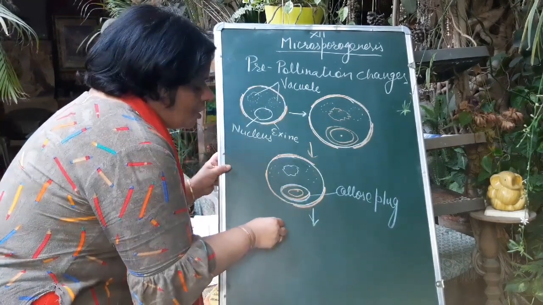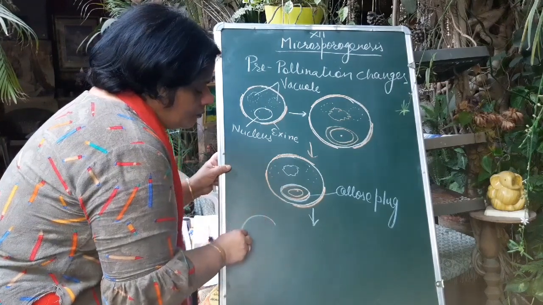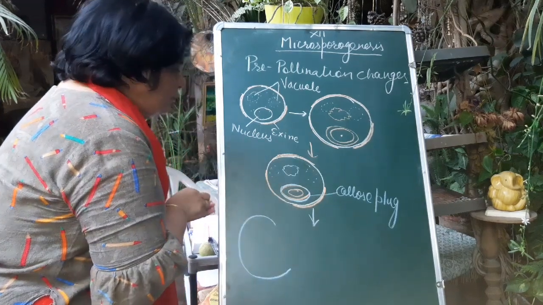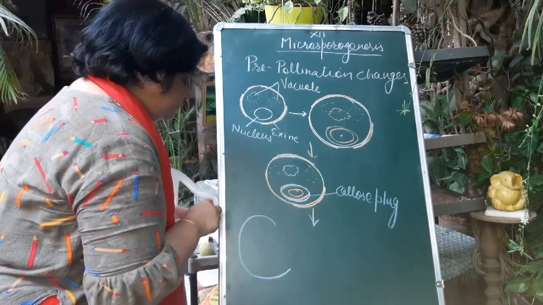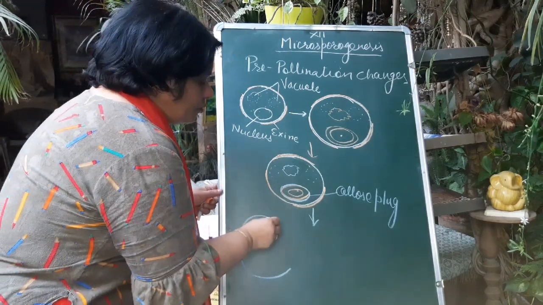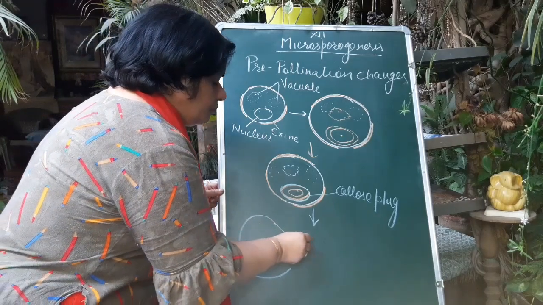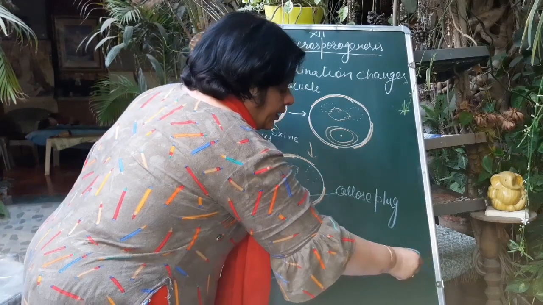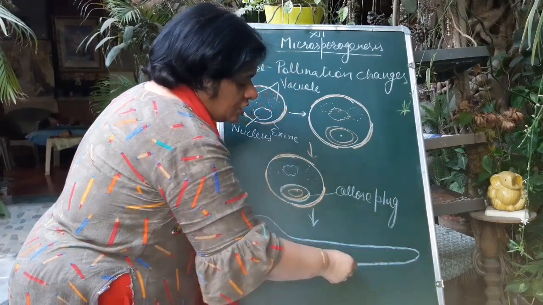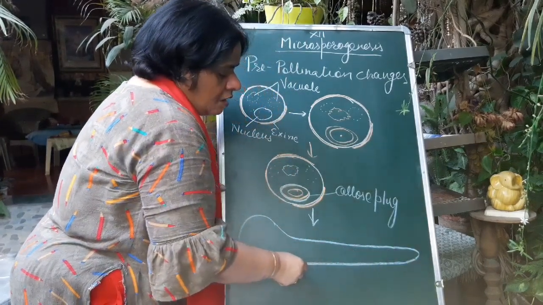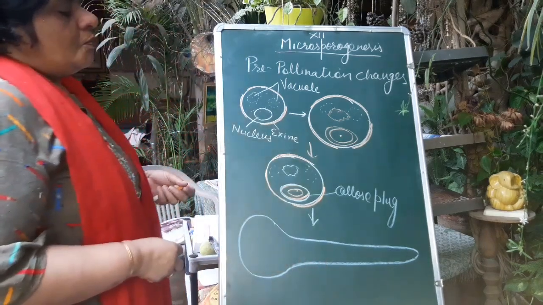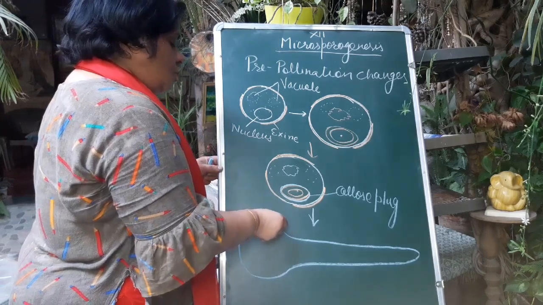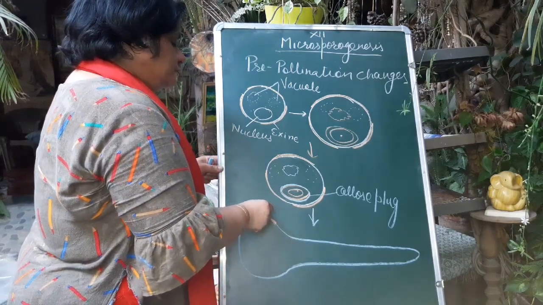Now this is pollen grain. We draw its outer layer. All the content of pollen grain, due to growth pressure exerted, comes out in the form of pollen tube.